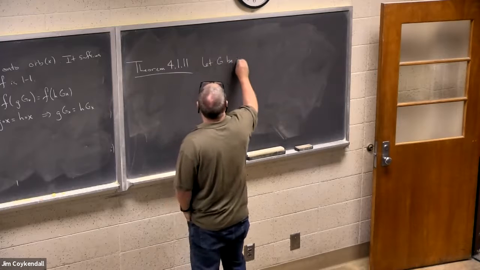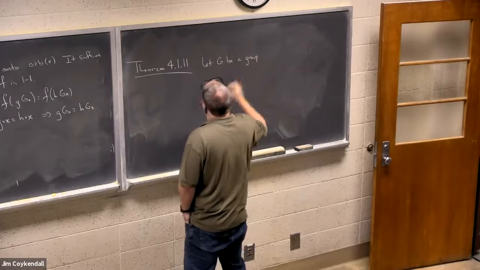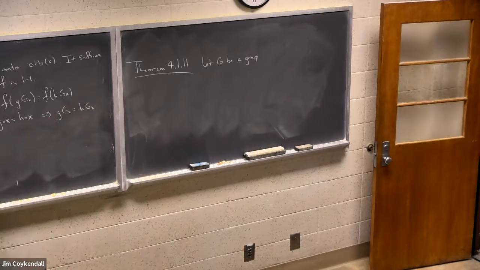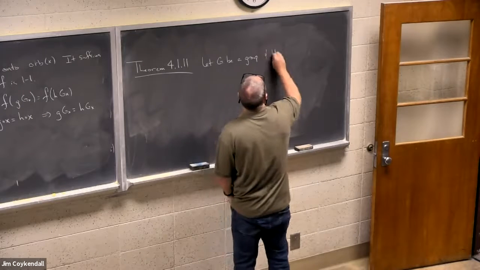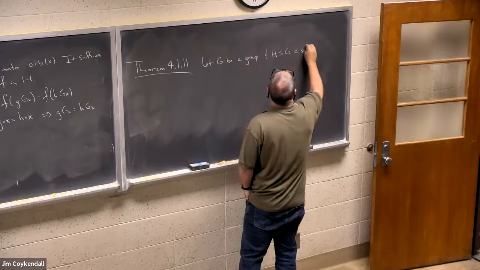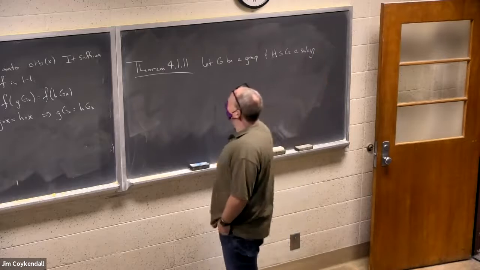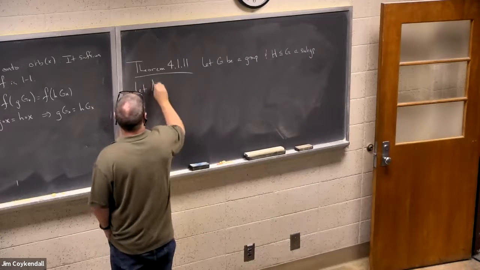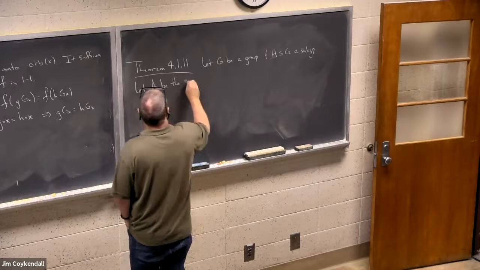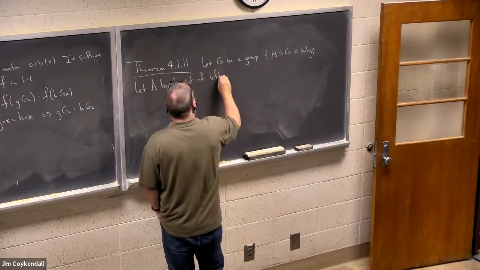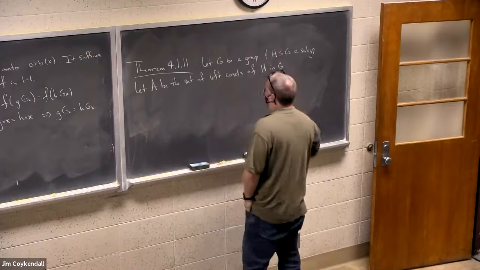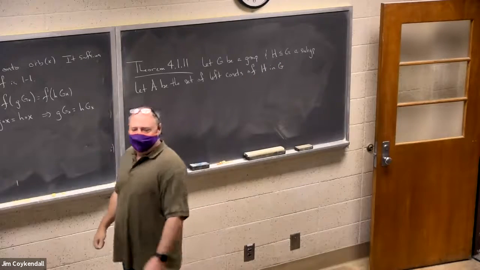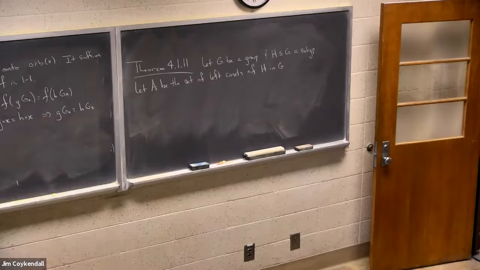Let G be a group and H a subgroup, and what I want to act on is the set of left cosets of H. So this is our collection, our set that we want to act on.